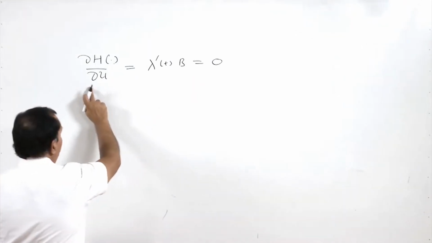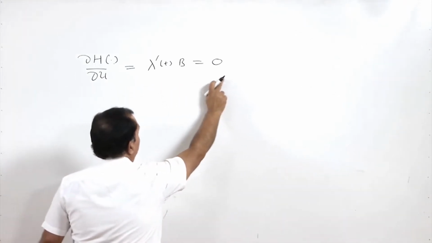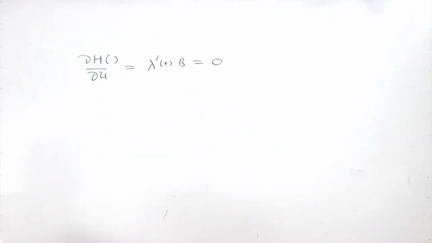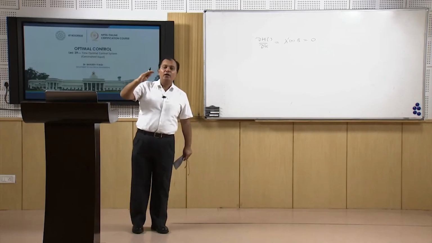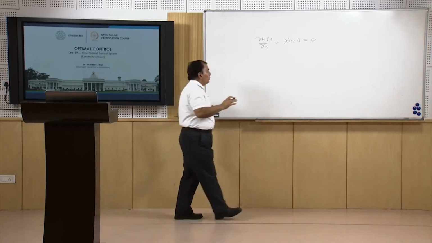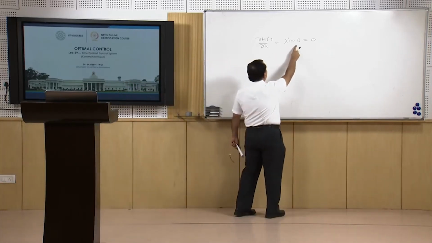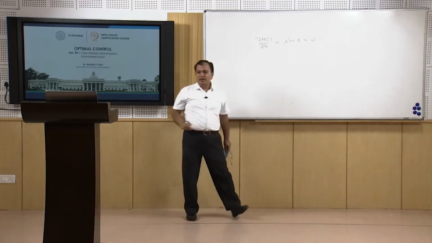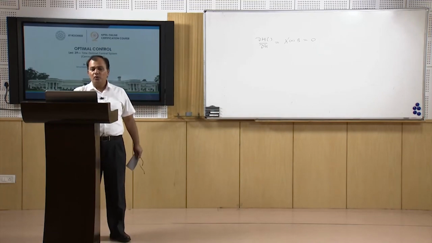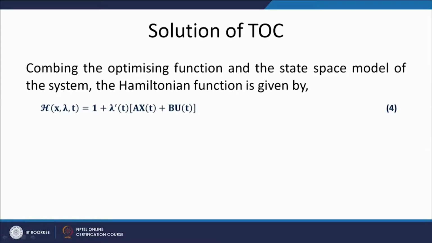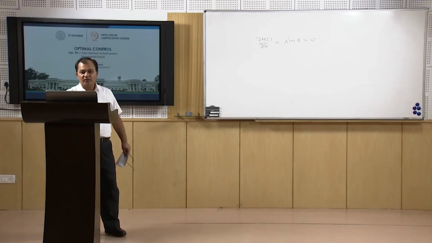What does this equation show? This equation is independent of the U. So, we cannot have any particular value of the U which will get optimized, because H is nothing but a linear function of U. If I take the first derivative of this, that will be independent of the U. So, how to minimize the H?